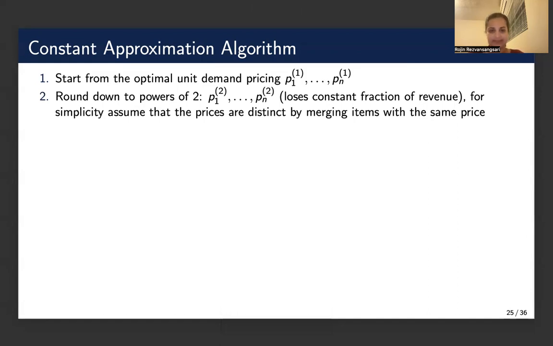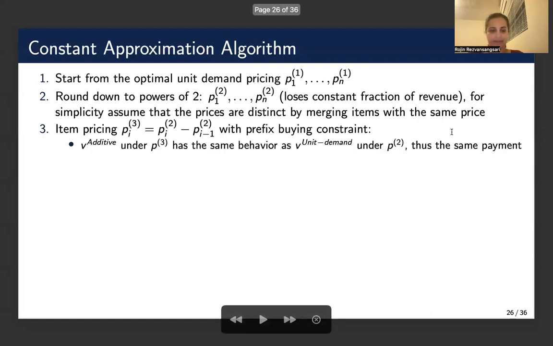But for simplicity, we can assume that they're all distinct. In fact, if some of them are equal, we can merge them together and just keep the one with the highest value. This is because a unit demand buyer, if presented with some items with the same price, is going to buy the one with the highest value anyway. So doing this step is not going to affect the revenue.